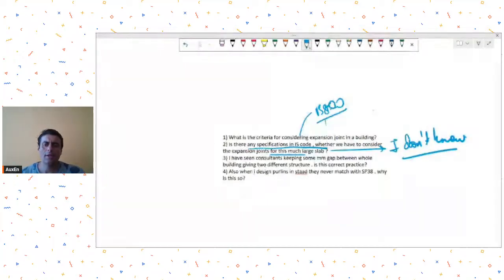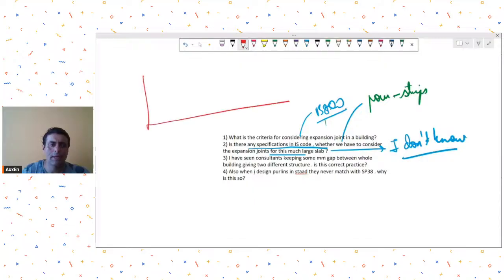If you are providing an expansion joint in the building, you may provide the expansion joint in the slab also. Otherwise, there are different strategies like pour strips. If you are not able to provide expansion joints, you may provide pour strips. In the plan view of a large slab, you will deliberately leave a portion of the slab not cast.